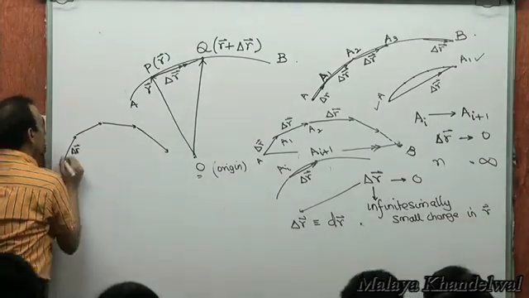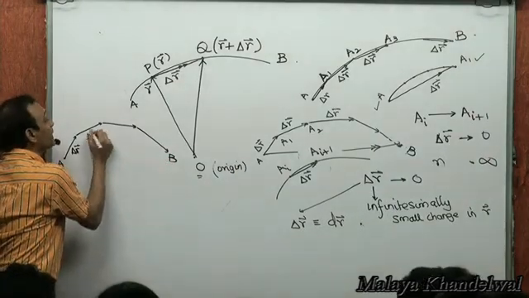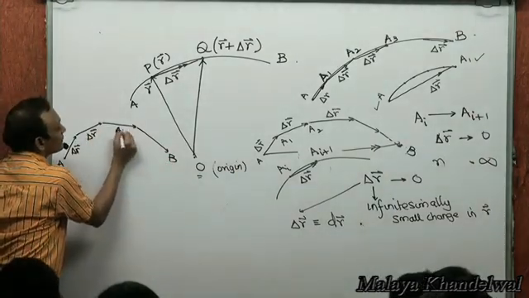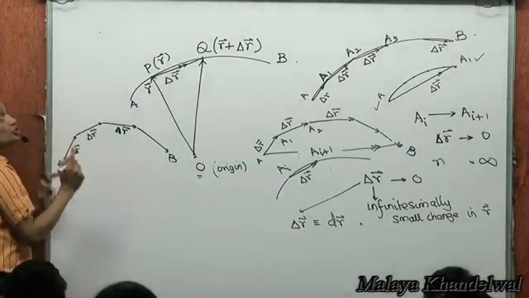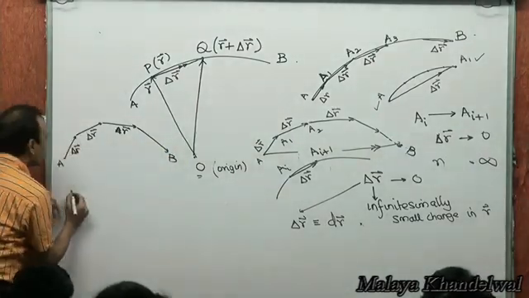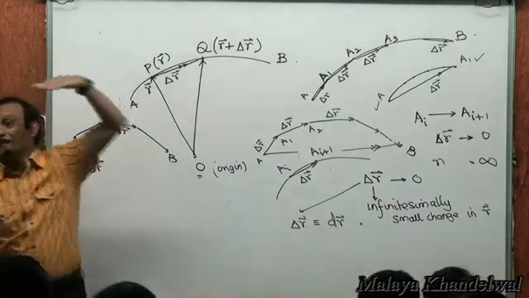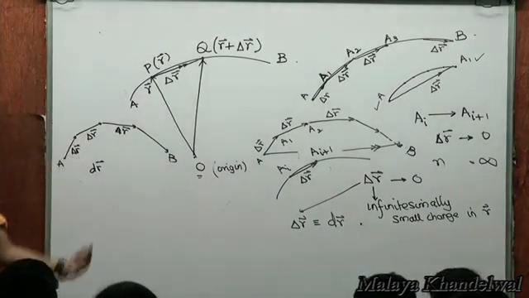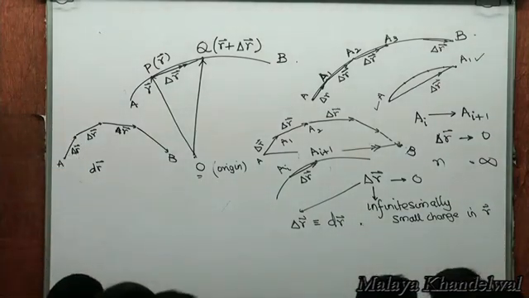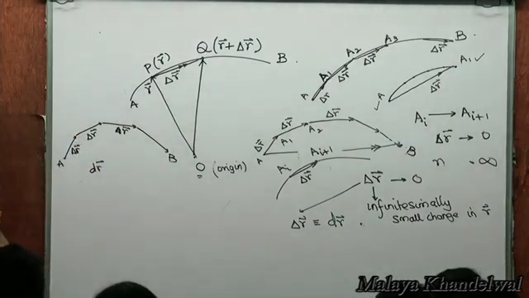These delta r's are finite from A to B, and they are all secants to the curve, approximating the curve between A and B. These drs are infinite in number because there are infinite points between A and B. So these drs have infinite status in terms of their numbers, right?